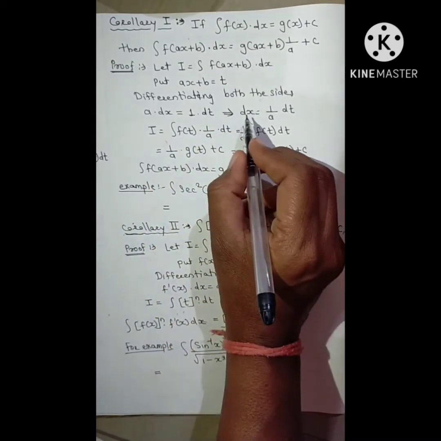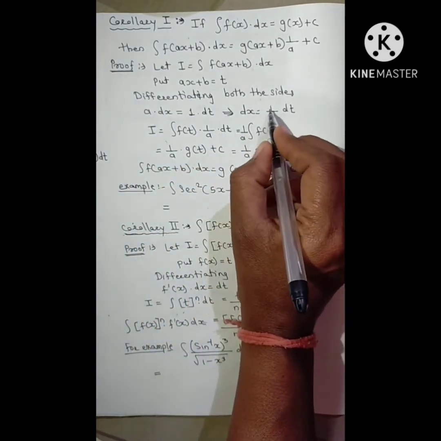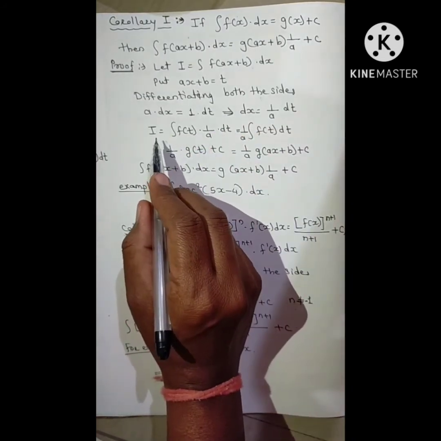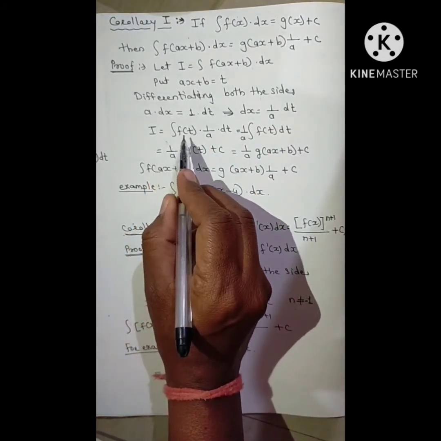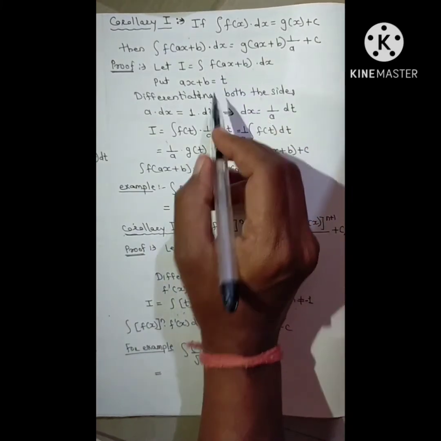This implies dx is equal to 1 upon a into dt.